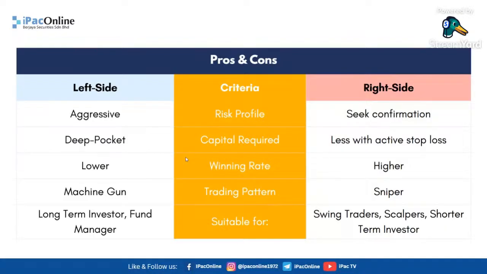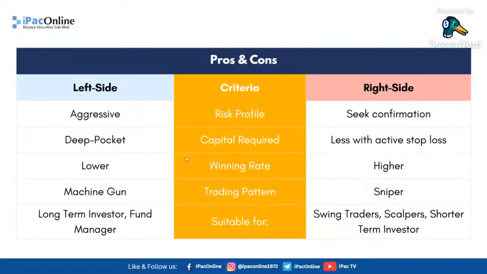Meanwhile, the right side traders are more toward swing traders. They are scalpers. They are like snipers. They see that this is the time when the market starts looking at these stocks. It's trending higher, the volume starts coming in. This is the time I'm going to ride the trend and trade along with it as the whole market buys it up.